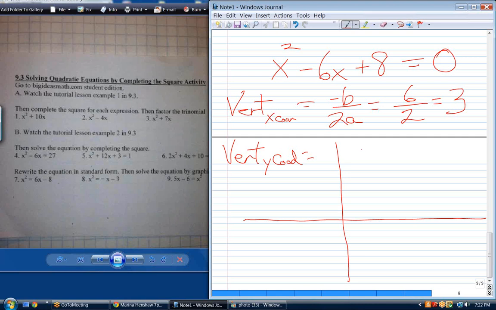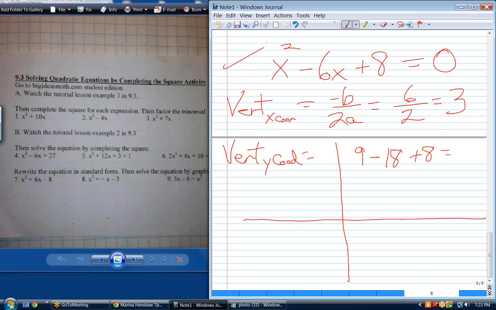What's 6 times 3? Okay, so we got 9 for x squared, minus 18, which is 6 times 3, plus 8. Equals 0? Well, it's not equal to 0 anymore because we're solving for the y coordinate of the vertex, so we're no longer looking for an answer to this problem.